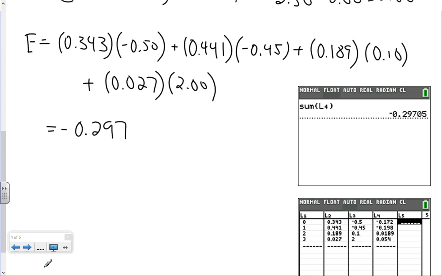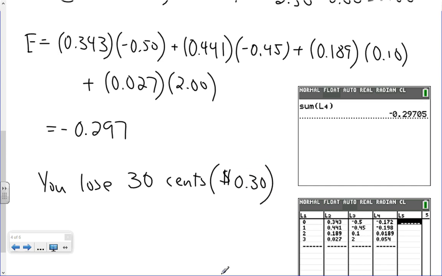So what does this actually mean? This is how much I'm expecting, in this case, to lose every time I play the game. I'm going to lose approximately 30 cents every time I play the game. You lose 30 cents. That would be in dollars, 0.30 is what I'm saying there.